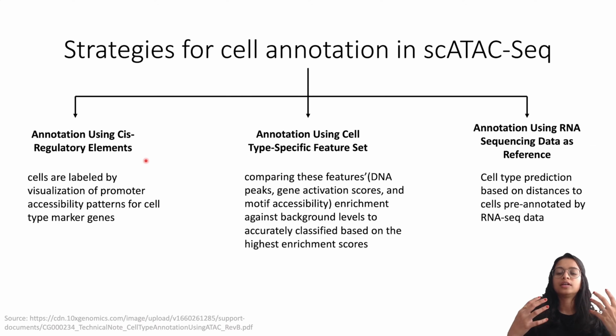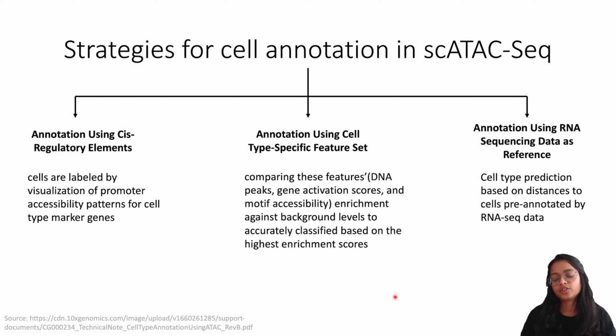So if there is a high expression of a marker gene in a cell, then there are higher chances of the cell being of that particular cell type. And this will be demonstrated when I walk you through how we go ahead with the cell annotation. So this will be clear, but we will not be utilizing this strategy to annotate our single cell ATAC-Seq data.